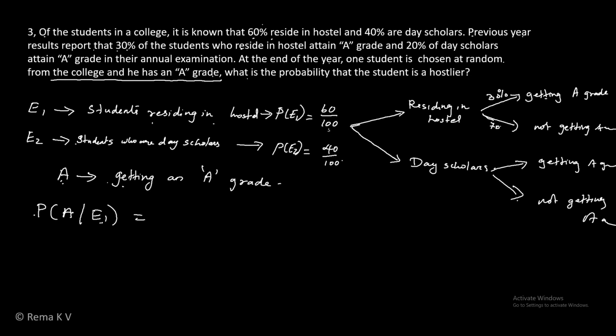So what is the probability of getting an A grade when the student is residing in hostel? It is 30 by 100. Is it clear now?